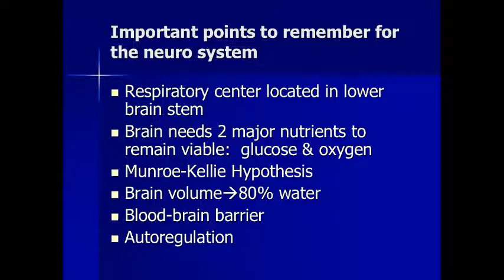It is a compensatory mechanism of automatic constriction or dilatation of cerebral blood vessels in response to changes in systemic arterial pressure or blood levels of carbon dioxide and oxygen. So autoregulation makes it able to change the diameter of blood vessels to maintain constant cerebral blood flow.